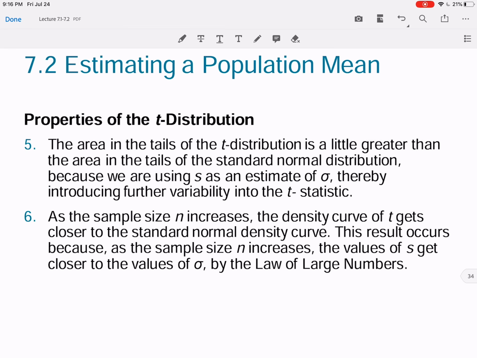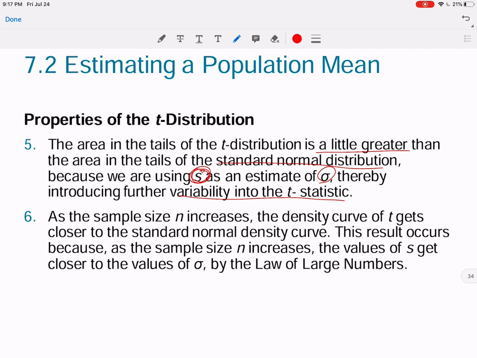The area in the tails of the T distribution is a little greater than the area in the tails of the standard normal distribution, because we're using the sample standard deviation as an estimate of the population standard deviation, thereby introducing further variability to the T statistic. So this makes the T distribution not as stable as the normal distribution.